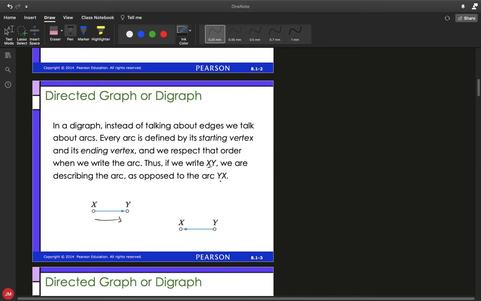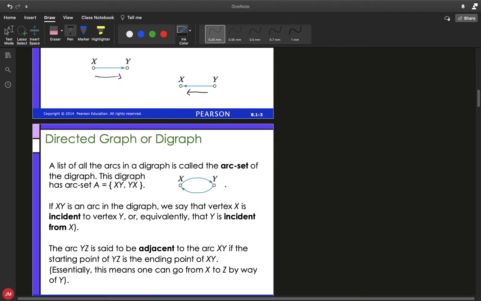Whereas if you want to describe the arc yx, that would be one going from y to x. So there's always going to be a starting and ending vertex for every edge. So now, unlike in other chapters, it's going to be important which order you write the arcs in. Whether it's xy or yx is going to be an important part of this type of graph.